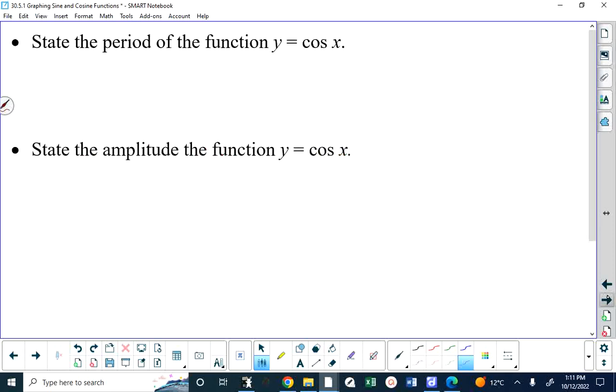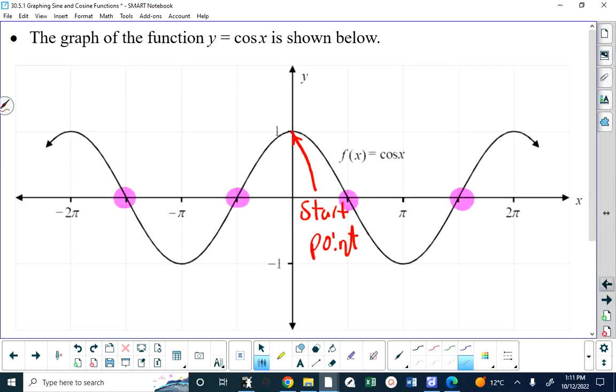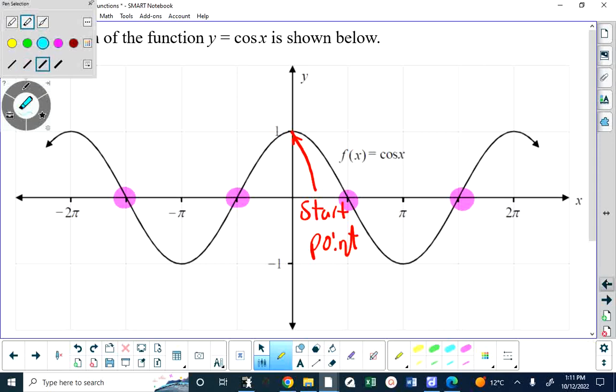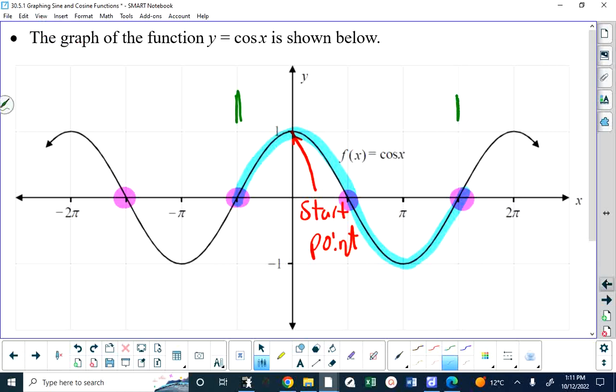Well, the period is the same idea whether it's cosine or sine. How far does it take horizontally before it repeats? Well, if you look up here, I guess one period would be the following. Up, down, down, up. I went through 4 pieces. So how far is it from here to here?